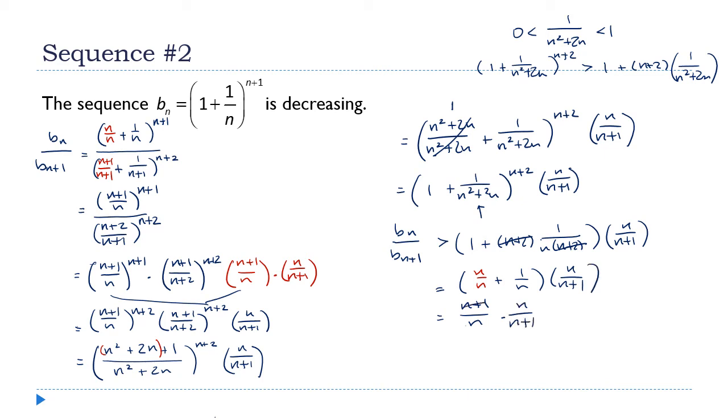And look, the exact same nice thing happened. That's just 1. Right? Multiply both sides by bn plus 1, which is fair, because the b's are all positive. So then I get bn is greater than bn plus 1, which is what I needed to show. The numbers are getting smaller. They're getting smaller as we go along, which means this sequence is decreasing.